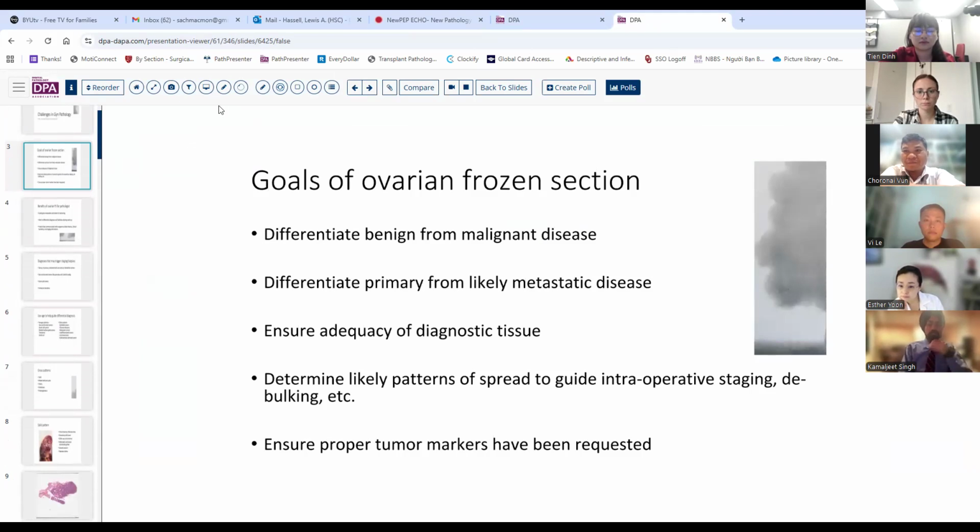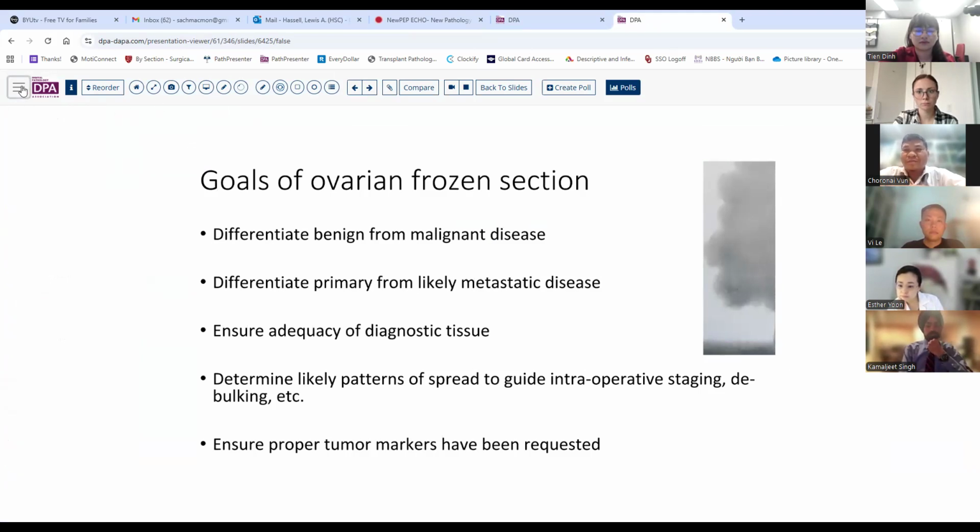One of the first things to think about, of course, is why are we doing this frozen section? Surgeons have many reasons to request a frozen section, but in the ovary, there are some particular concerns because it's very difficult to biopsy the ovary preoperatively. Being able to differentiate benign from malignant is often a very important distinction because that will govern the extent of surgery, the extent of sampling.